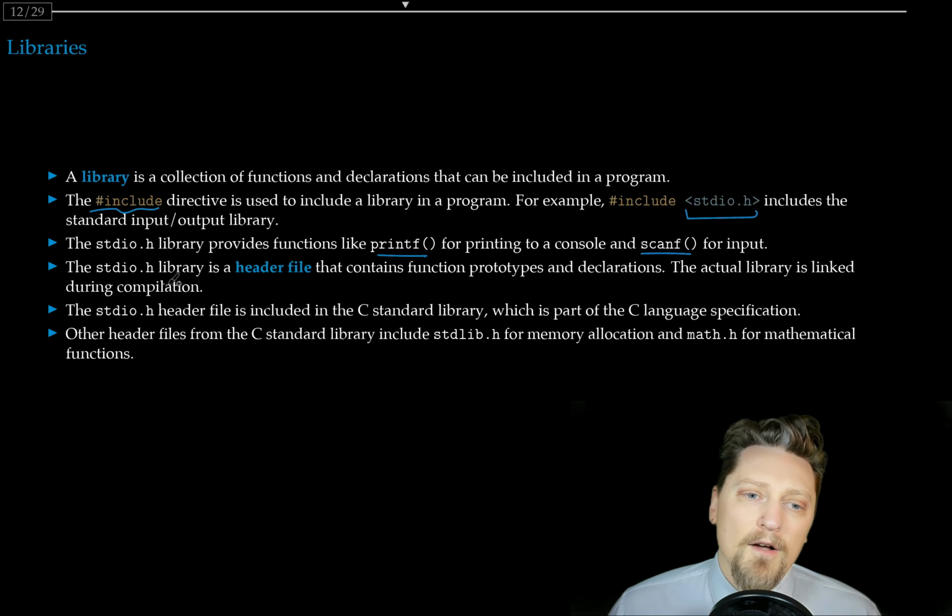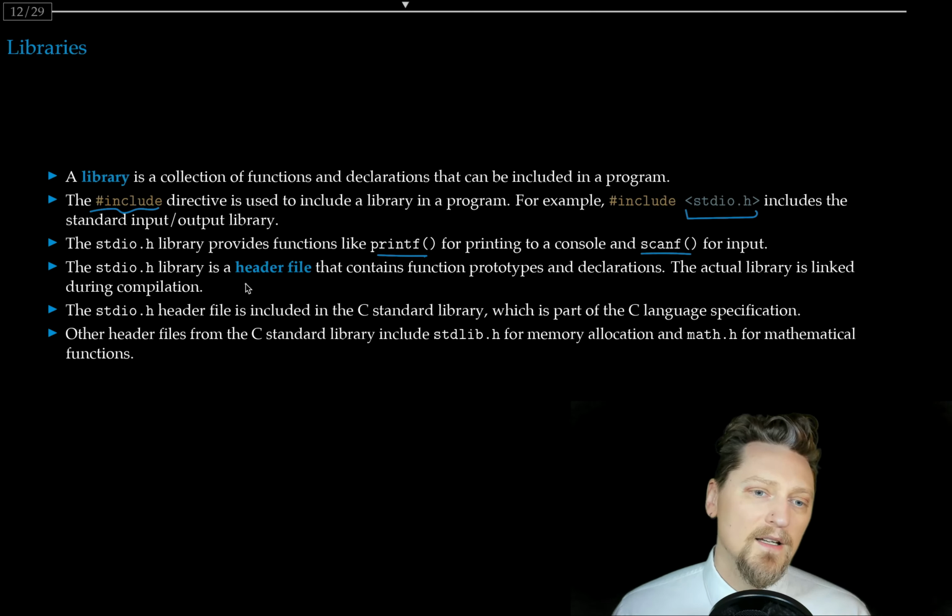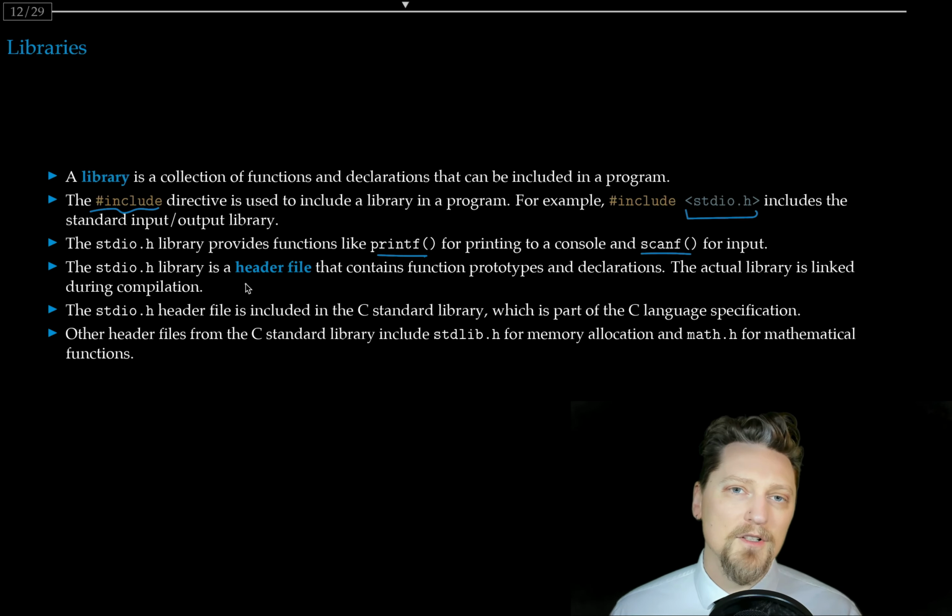The stdio.h library is a header file that contains function prototypes and declarations. The actual library is linked during compilation. So the header file gives all the information that the compiler needs to know in order to set up the link of the library to your program.